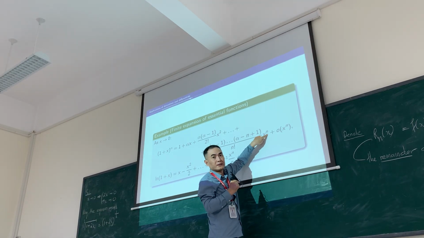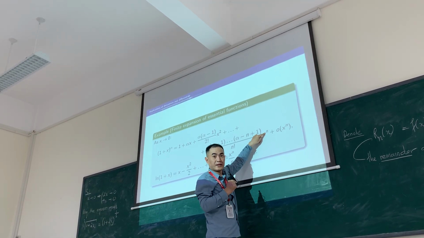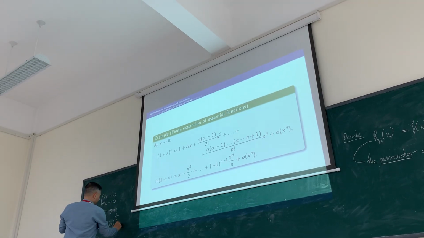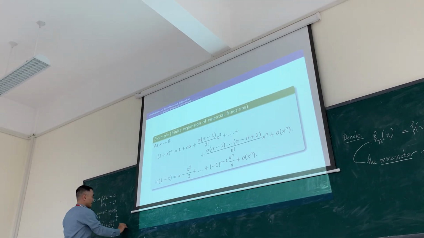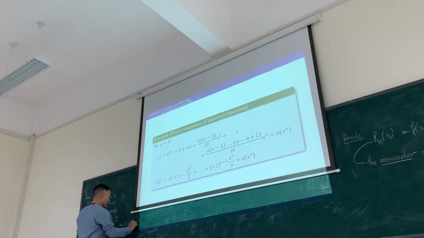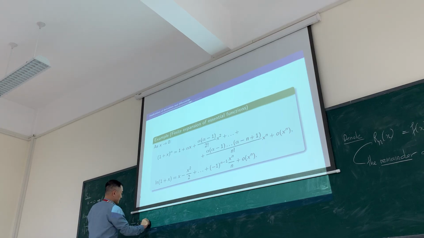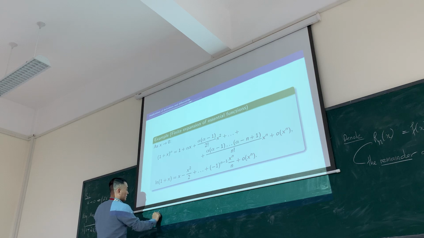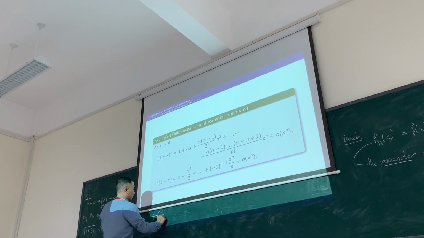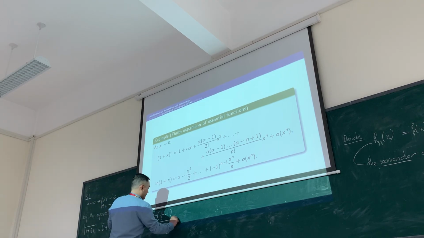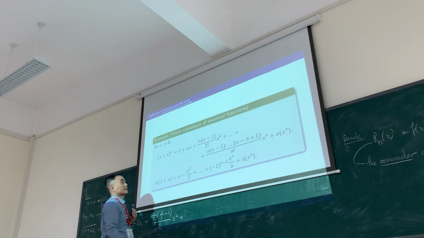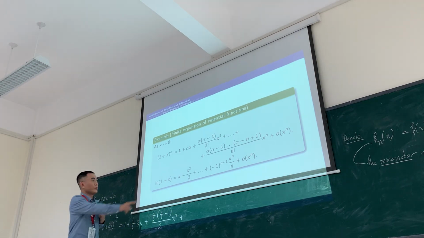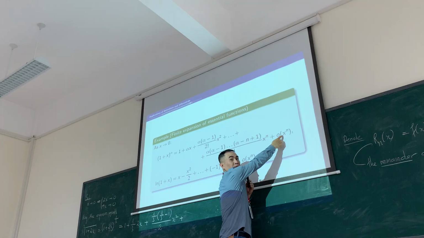We have the factor x squared. It is equal to 1 plus 1/3 times 2x plus 1/3 times (1/3 minus 1) over 2 times (2x) squared, plus the remainder.